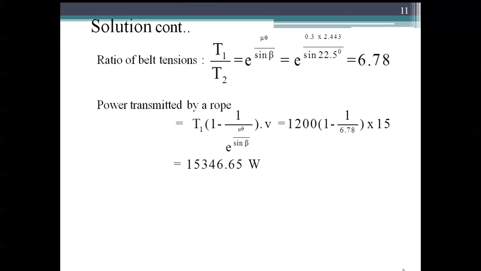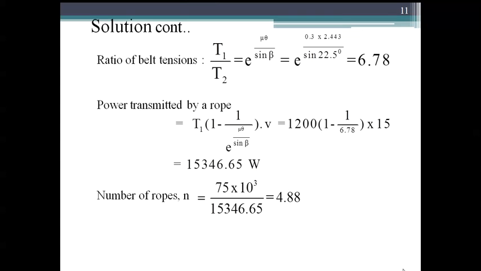Already the power transmitted by the total drive is given as 75 kilowatts. Now to find the number of ropes, n equal to power transmitted by the total drive by power transmitted by the single rope.